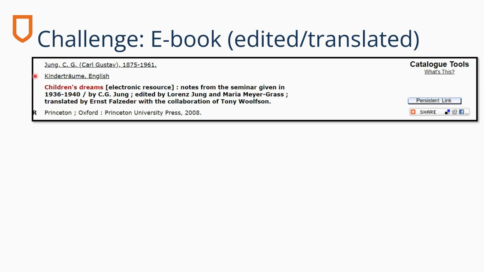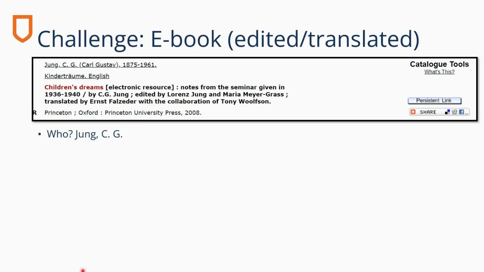Kindertraum, English. Children's Dreams, electronic resource. Notes from the seminar given in 1936 to 1940 by C.G. Young, edited by Lorenz Young and Maria Meyer-Grass, translated by Ernst Falzeder with the collaboration of Tony Wolfson. Princeton, Oxford, Princeton University Press, 2008.